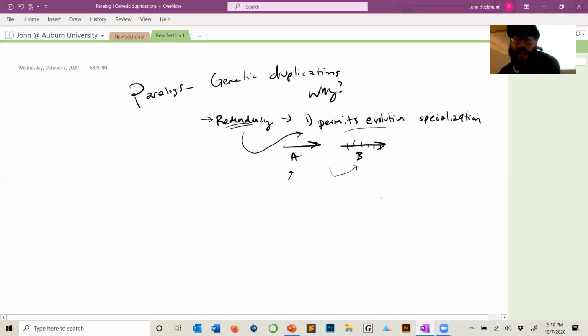If B is mutating and evolving, that can cause scenarios where all of a sudden B might become useful in a particular context, and that would be specialization. So redundancy, paralogs, sort of permit evolution in the sense that they build redundancy into systems, and they permit evolution.